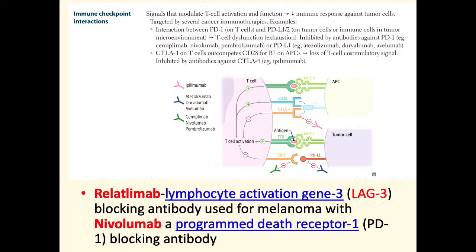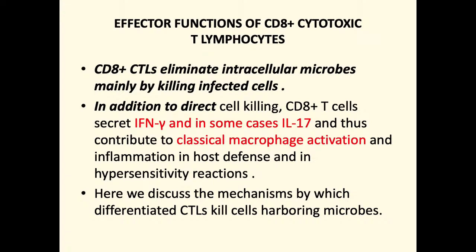Most of these medications are used in many types of tumors like melanoma, kidney cancer, lung cancer, and many other cancers, because many cancers express those proteins on their surface in order to avoid T cell activation and destruction of tumor cells. So not only viruses express those proteins that lead to exhaustion of T cells.